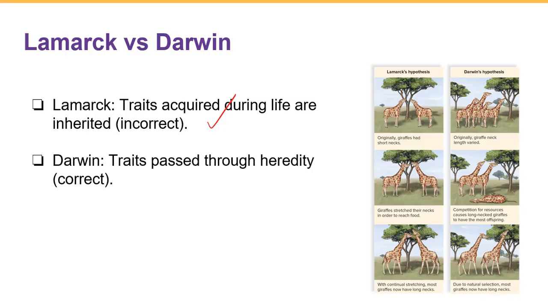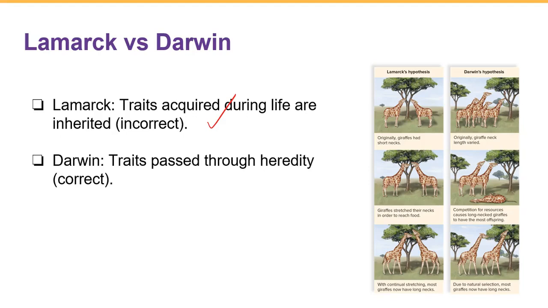Darwin's hypothesis is different. He said that originally giraffes varied in neck length. Some had short necks, some had long necks. They competed for food on tall trees, and giraffes with longer necks were more successful at reaching leaves. These long-necked giraffes were more likely to survive and have offspring.